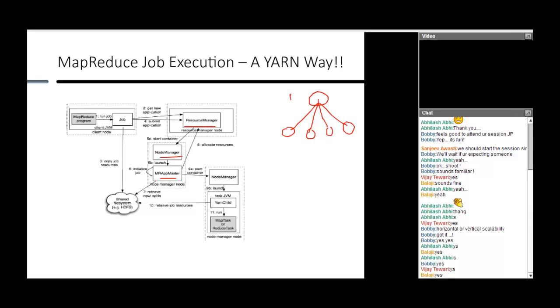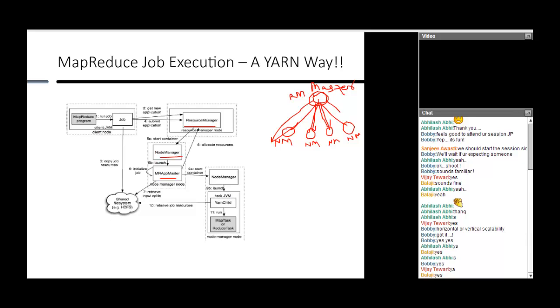So you have a resource manager which is sitting on a master node. Now you have all these data nodes or slave nodes, where you have node managers running in each of the data nodes. The job of the master node is to allocate the global resources to the node managers.